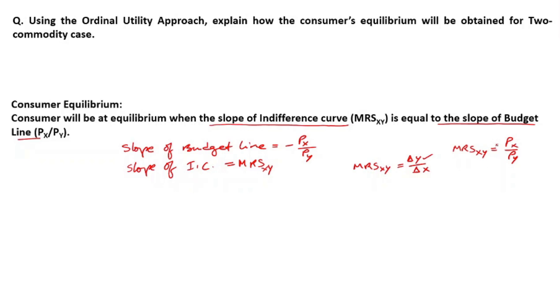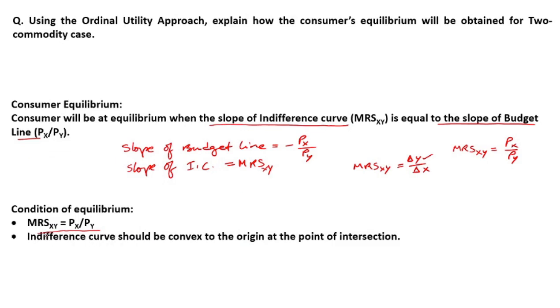Now there are two conditions of equilibrium in the ordinal utility approach. The first condition is that MRS should be equal to the ratio of the prices, where MRS is the slope of indifference curve and px divided by py is the slope of budget line. It means that when the values of these two slopes are equal, we conclude that the consumer will be in equilibrium.